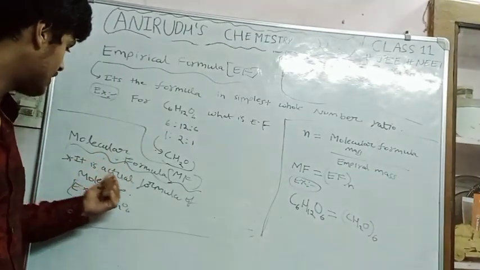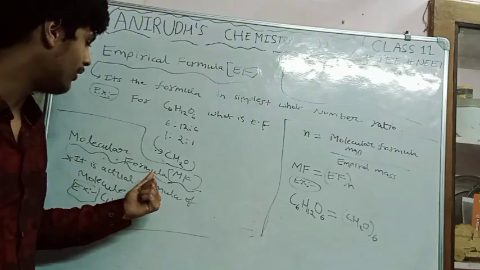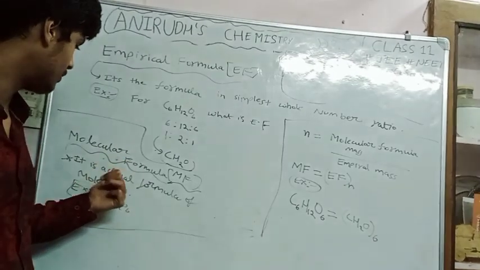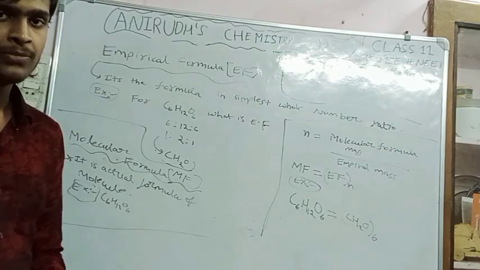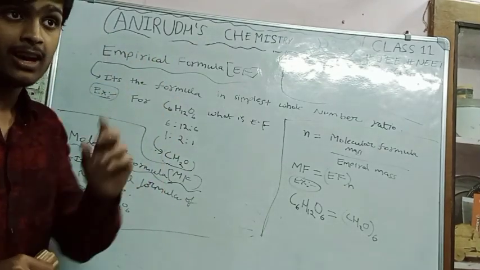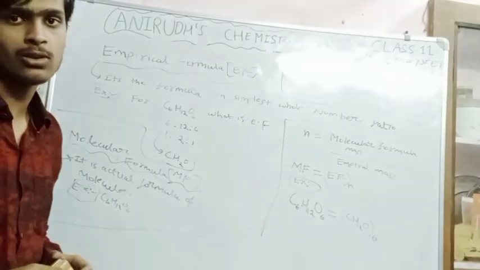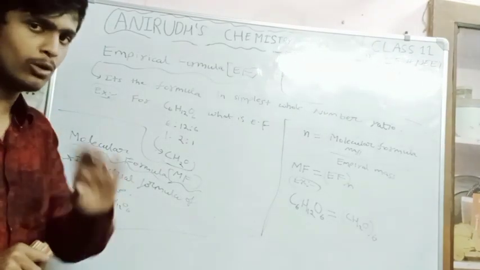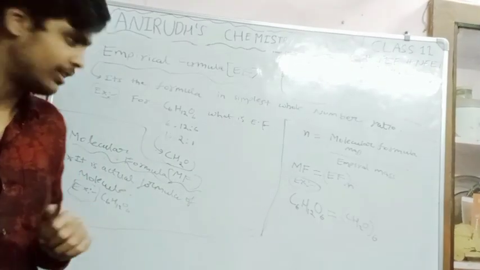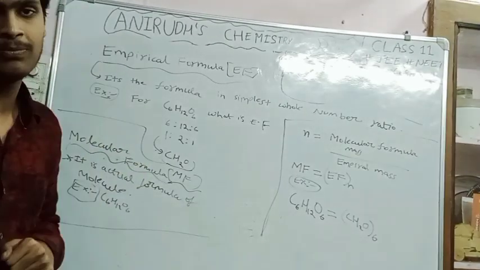So molecular formula is nothing but the actual formula of the molecule. Without changing the number of atoms in the molecule and the individual elements, there will be no change. Whatever the formula of the compound is, that is only called the molecular formula.